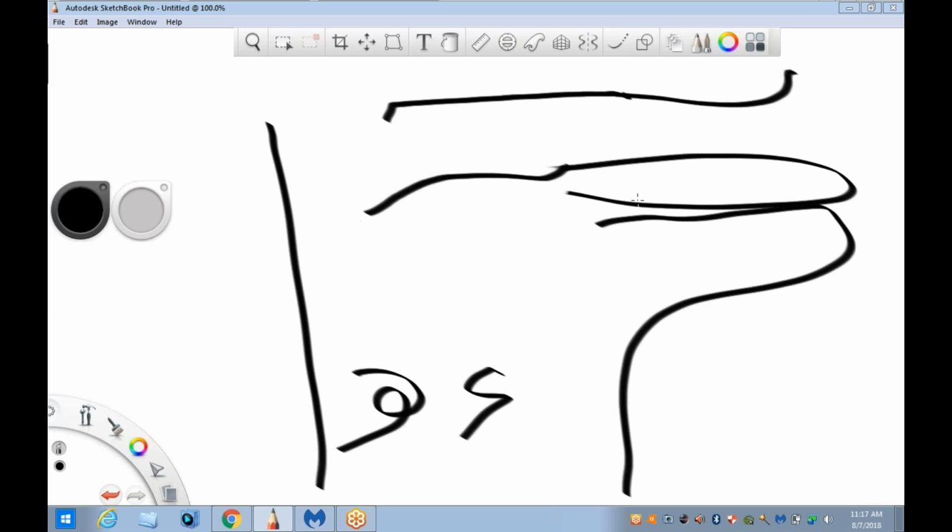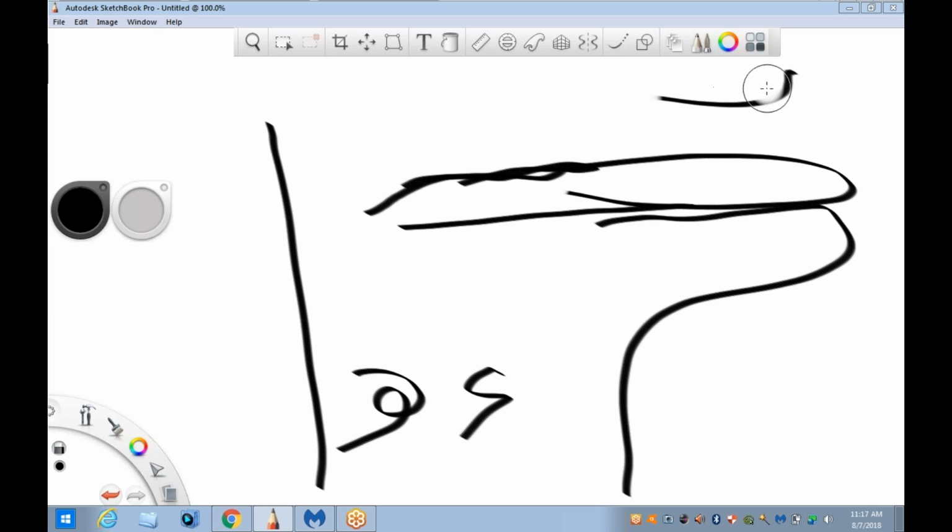You all bear with me in my drawing. This is the tongue. Tayyib. This is the throat.